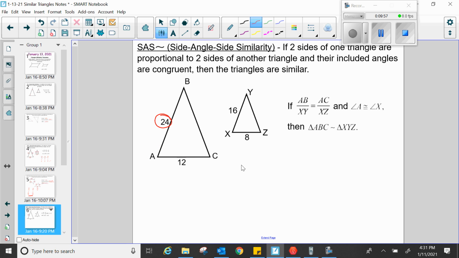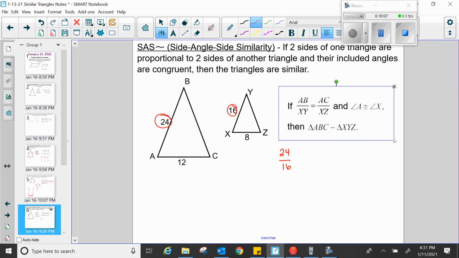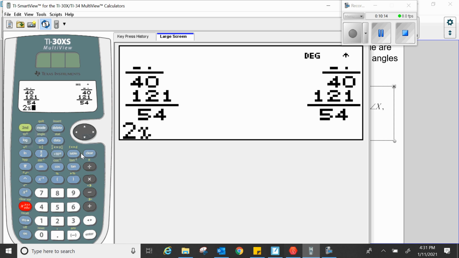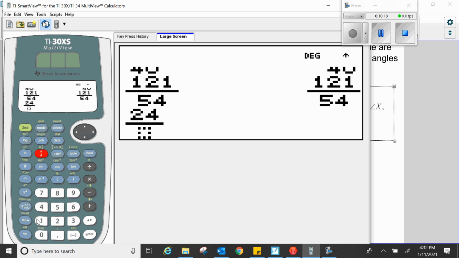Okay. It says that if you match AB with XY, so 24 over 16, which ends up becoming, you can go over here if you really need it, 24 over 16, 3/2.